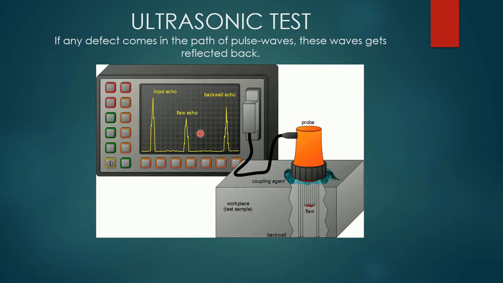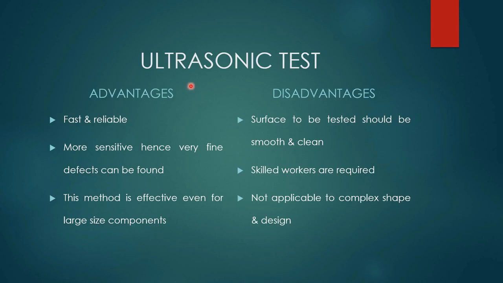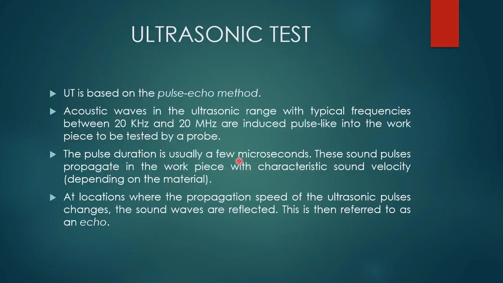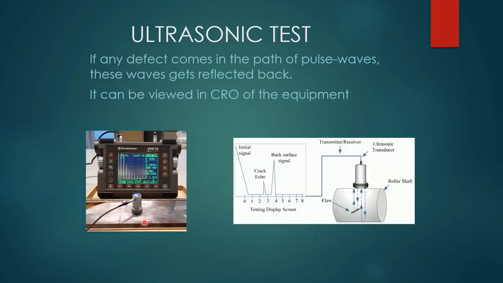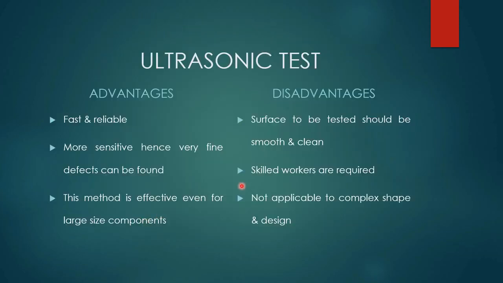Okay. Now, advantages and disadvantages. It is fast and reliable. It is more sensitive, hence very fine defects can be found. This method is effective even for large size components. Disadvantages. Surface to be tested should be smooth and clean because this probe is kept on the surface of the job, so its surface should be clean enough.